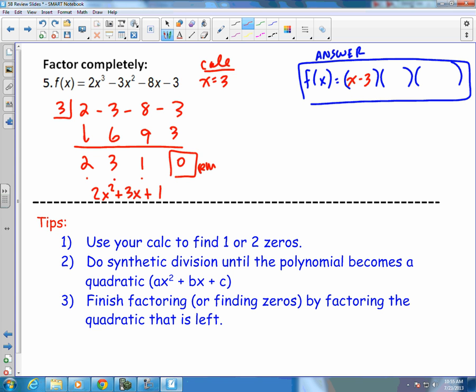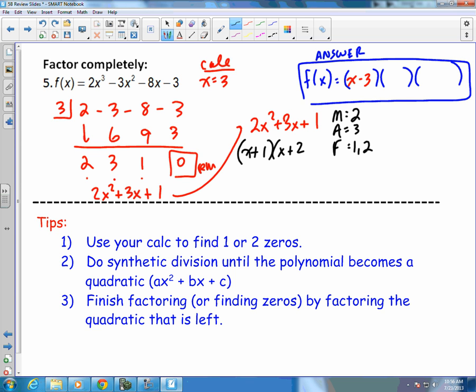So at this point, I take 2x squared plus 3x plus 1, and I factor it, and I do MAF or whatever I need to do. Change colors, go MAF. M is 2, A is 3. 1 multiplies the 2, but adds to the 3, is simply 2 and 1. My lead coefficient is something other than 1, though, so I have to take that into account when I do my MAF.